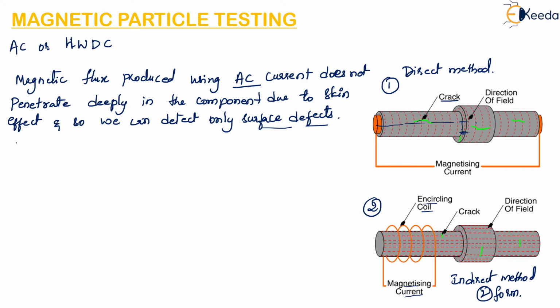If you use this half wave rectified DC current, no doubt it will penetrate deep into the component, but if there are sharp changes in the section, it will not follow these changes.